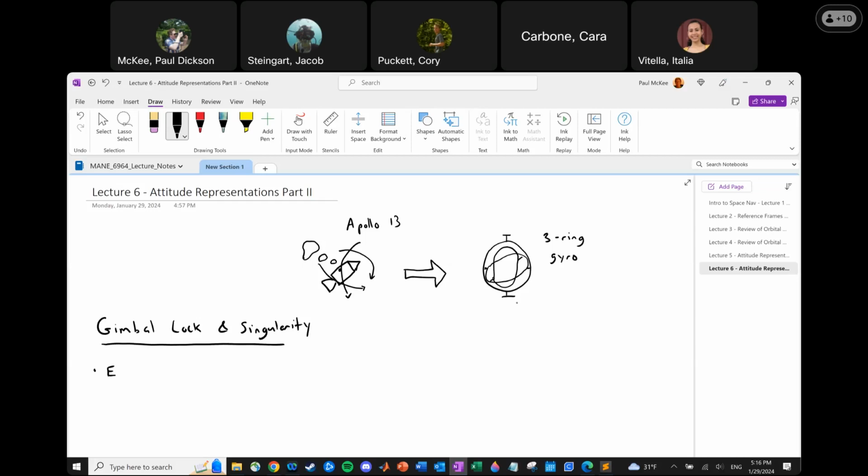So Euler angles, which is what we discussed at the end of last class, make intuitive sense, and are often the first method, or one of the first methods, of attitude representation taught to students.